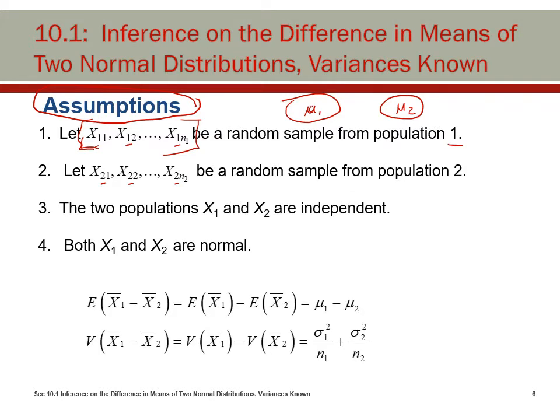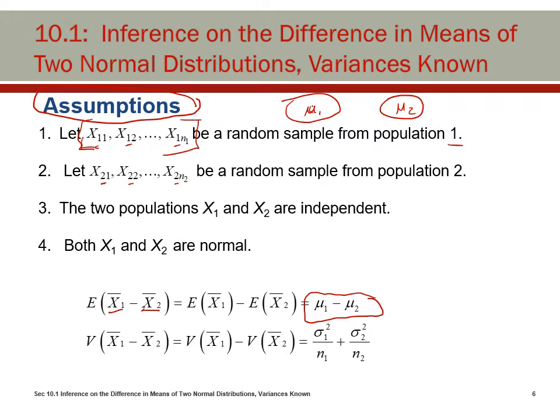And this is what the expected value of those means are. If we take the X bar from each of these populations, the expected value of the difference, X bar 1 minus X bar 2, is going to be the expected value of X bar 1 minus the expected value of X bar 2, which should lead us to an unbiased estimate of mu1 minus mu2.